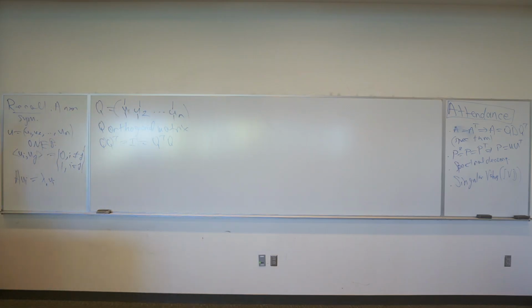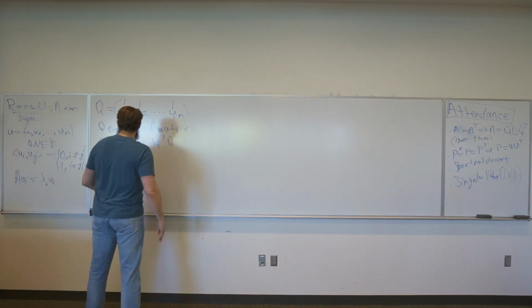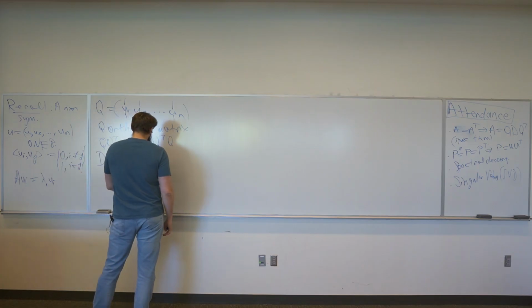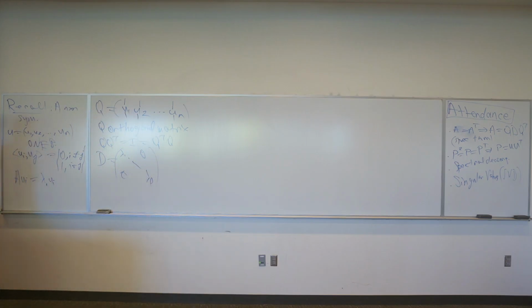And what was D? D is the diagonal matrix with eigenvalues on the diagonal. And then what did we say?